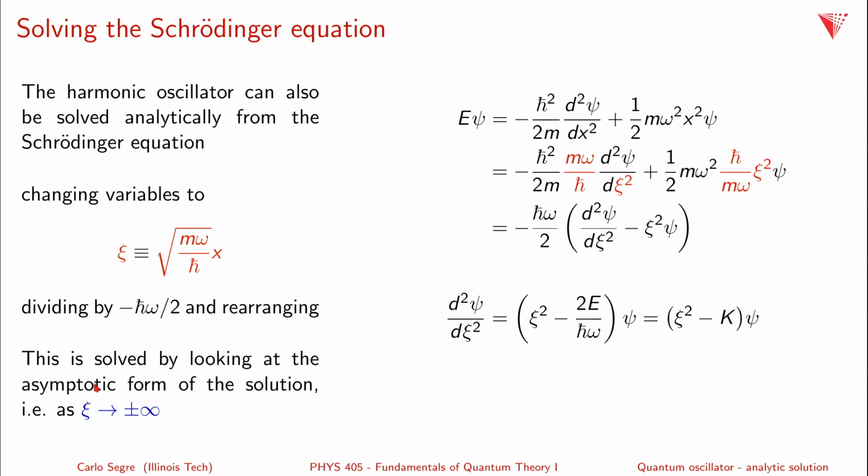So as xi goes to plus or minus infinity, then this term here dominates the k, because k is just a constant. And so we can rewrite this as an approximate differential equation that looks like this. D squared psi dxi squared is approximately equal to xi squared psi. And that's the equation we want to solve at large values of xi.